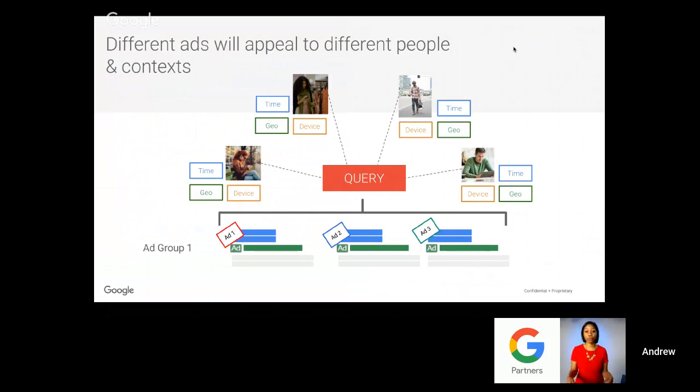Or if I was searching from right here at our Google offices in Chelsea, New York, I might want to see an ad for a local pet shop that's in this neighborhood. All of these things will ensure that the ad you're viewing is most relevant to the context you're within, not just your search, which for us as campaign managers can ensure that we are getting the most relevant ad in front of someone, which is what they're most likely to click on.